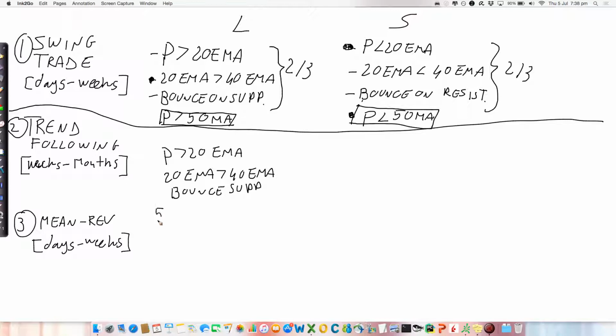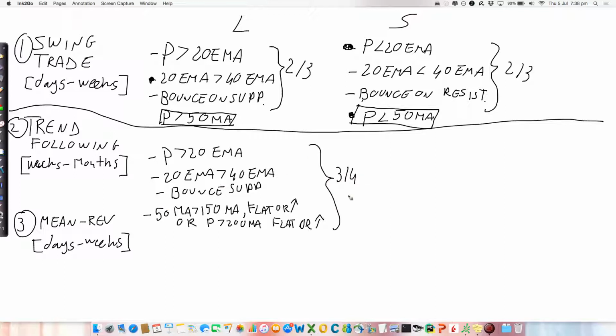We check if the 50 MA is above the 150 MA, and they must be flat or sloping up, or the price must be above the 200 MA, and this one should be also flat or sloping up. So now what I do, I check these four conditions, and I want 3 out of 4 true.